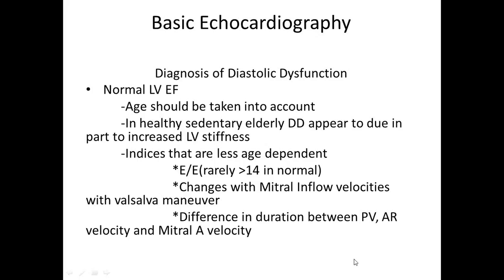When we look at the Doppler, we know that diastole starts with IVRT, then you have your E velocity, your diastasis, and your A velocity. So when you have a problem with diastolic function, those things are going to be affected.